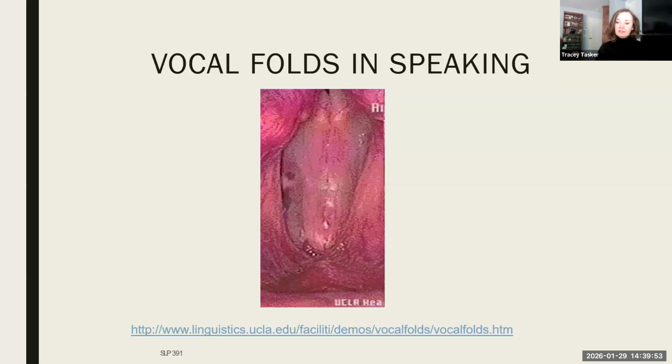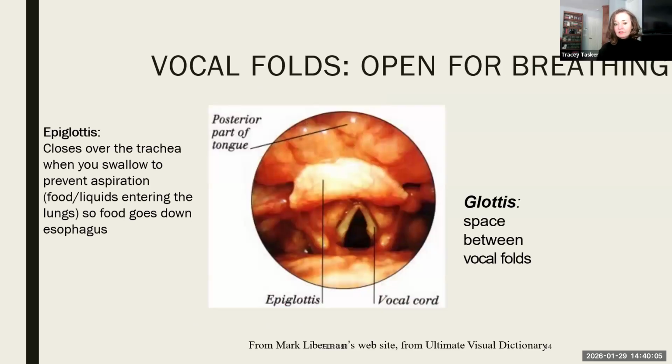So I'm not going to play this video. You can watch it on your own. This is going to show you live what it looks like, your vocal folds moving during speaking. But what I do want to talk about is just some of the anatomical terms that are associated with this part of your anatomy.